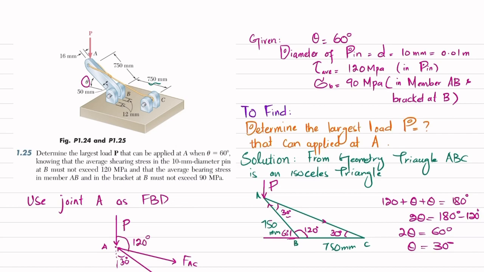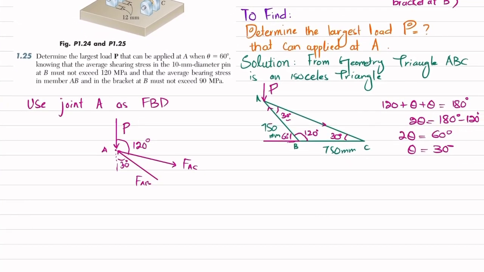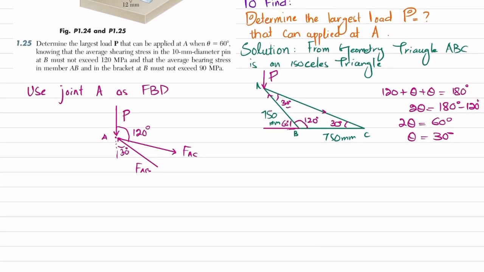Now this is the free body diagram at joint A. So using the force triangle method, we will join it by using vector addition.